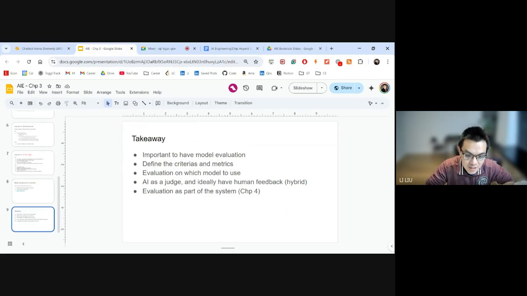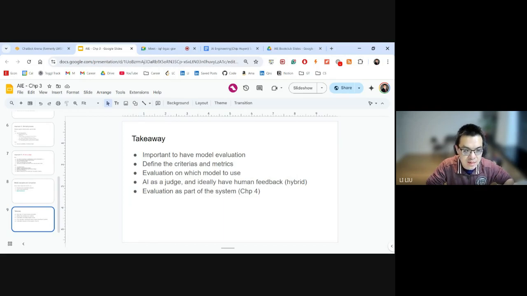Yeah, so here are the main takeaways from this chapter. It's important to have model evaluation and define the criteria and metrics for deciding which model to use. AI as a judge seems to be the most commonly used approach. And ideally, if you have the resources and time, you also want to deploy some human feedback to reinforce the model learning as well.